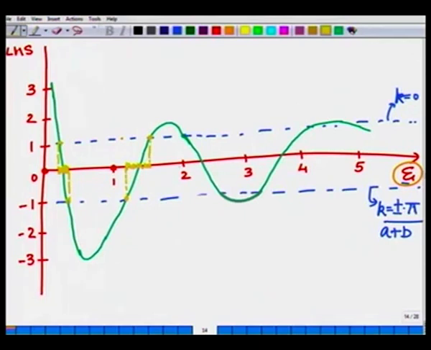Beyond this you can't have values of zeta, because this function goes beyond either +1 or -1. Similarly, in this range the allowed values of zeta are these, the yellow portion of the lines. This is where the allowed values of zeta are.